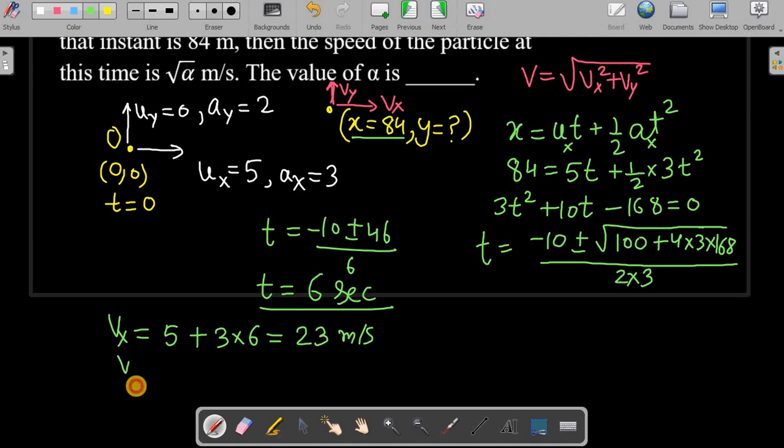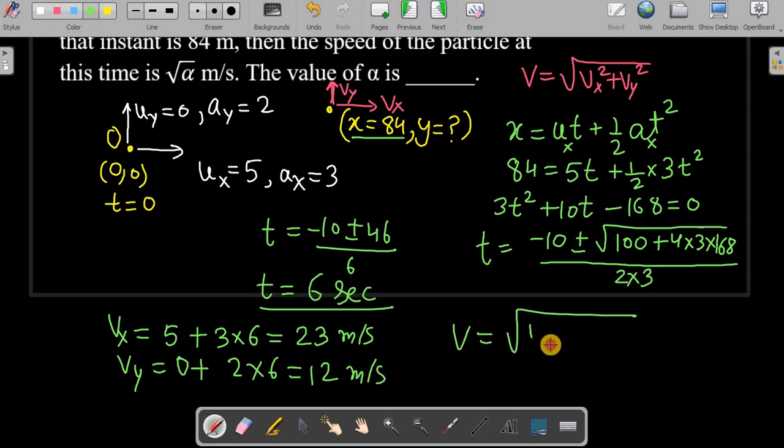Similarly, velocity along y-axis equals u plus at. Y-axis velocity was 0 initially, so 0 plus acceleration 2 into 6, that will become 12 meter per second. Now finally the speed is root under vx square plus vy square.